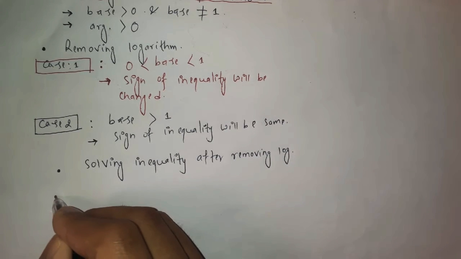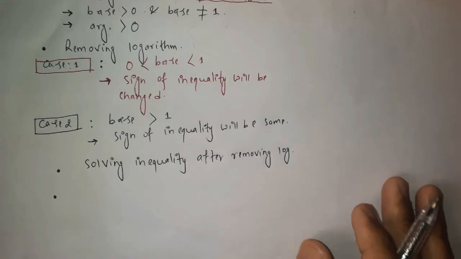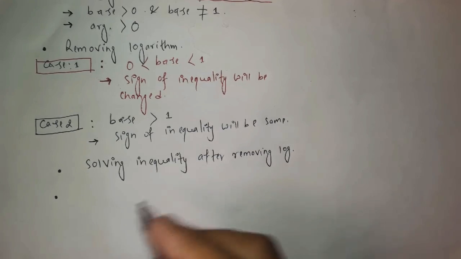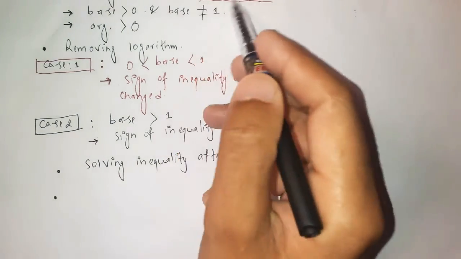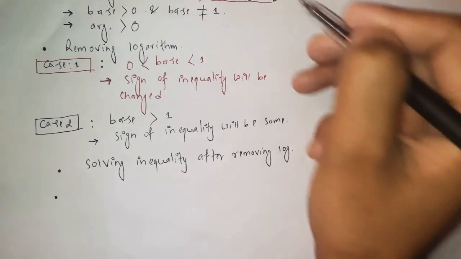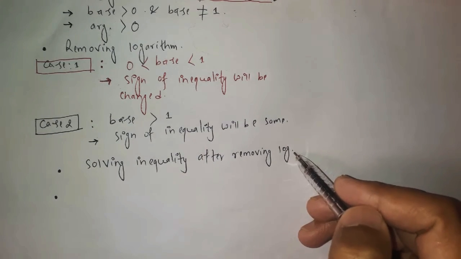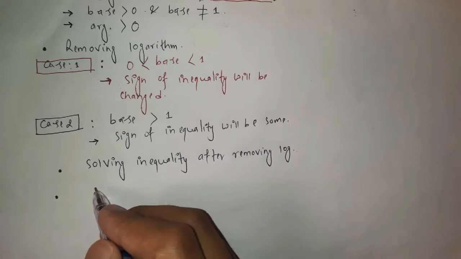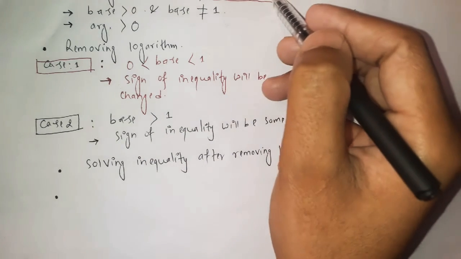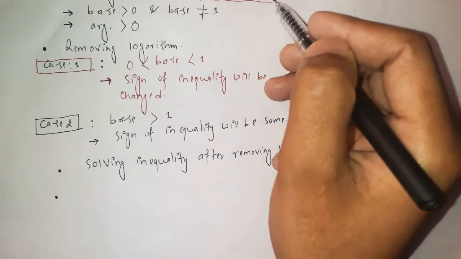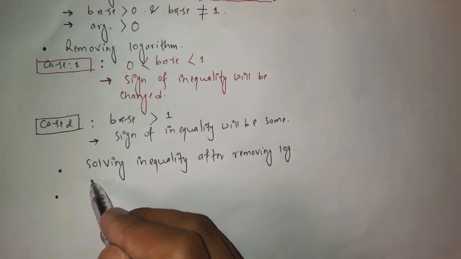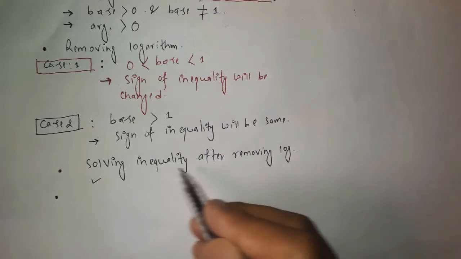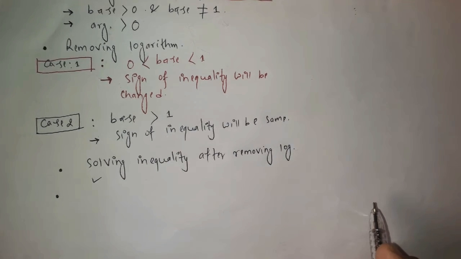And the fourth step, the last step, is taking the intersection of our first conditions and these conditions. Here we will get a solution set from the condition, and the next solution set from solving the inequality after removing the logarithm.